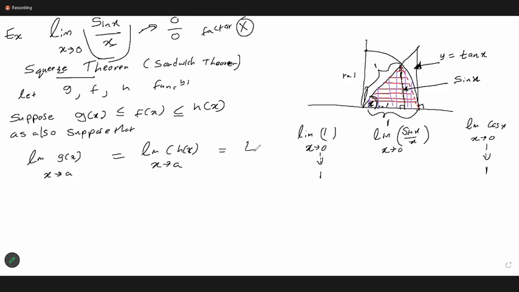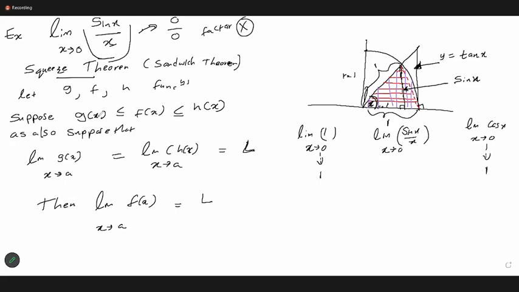Let's take some value called L. That means the limit of the left function, the lower one, goes to L. Again, the limit of the right-hand side function goes to the same value L. Then we can write that the limit of f(x) when x approaches a should go to L, because there are two functions.